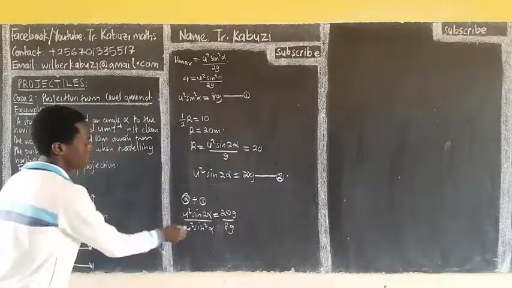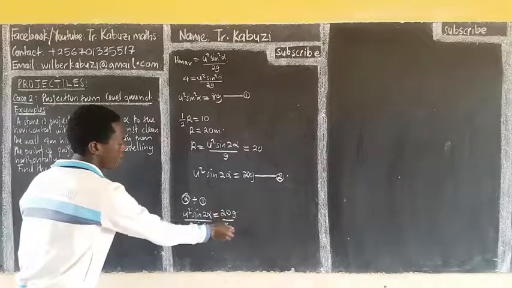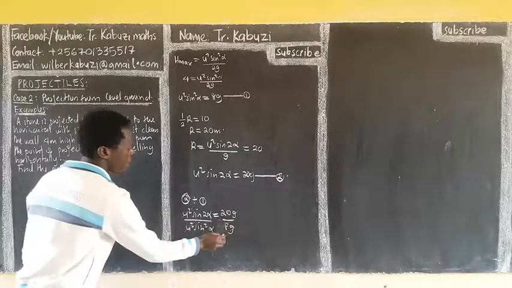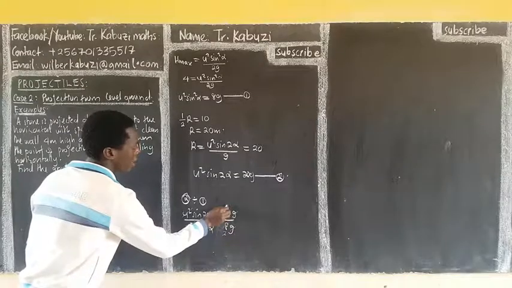Now we can see the u squared vanishes and the g vanishes. By 4, here we have 2 and here we have 5.